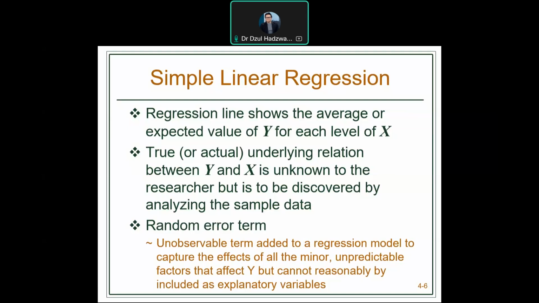The behavior of those things we call unobserved terms, because we just focus on the demand function, not the other social factors. So the other social factors will be parked in the random error.